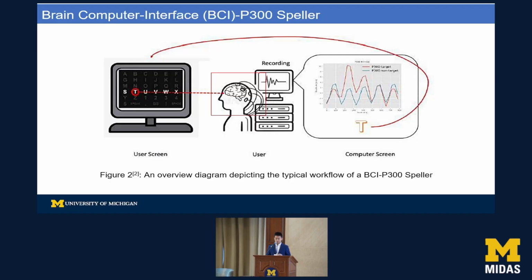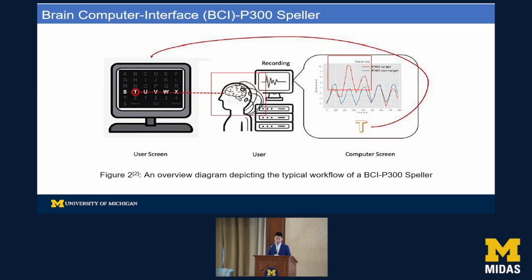Once the target letter appears, which means the target stimulus appears, there will be a distinct component of this ERP called the P300 signal, which happens around 300 milliseconds after the flash. You'll see there's a red peak here. That records the user's response to the target flash. So that's basically how this BCI P300 speller works.